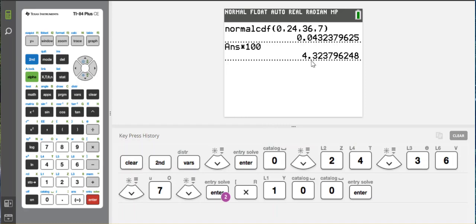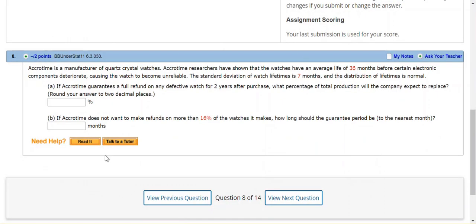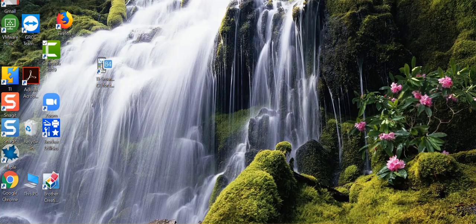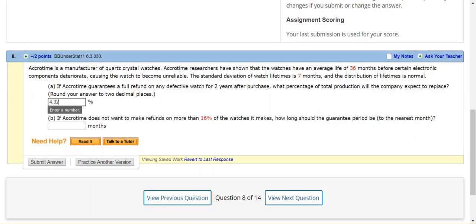So 4.32%, to 2 decimal places. Once again, I just multiplied this by 100 because they have their answer as a percentage.